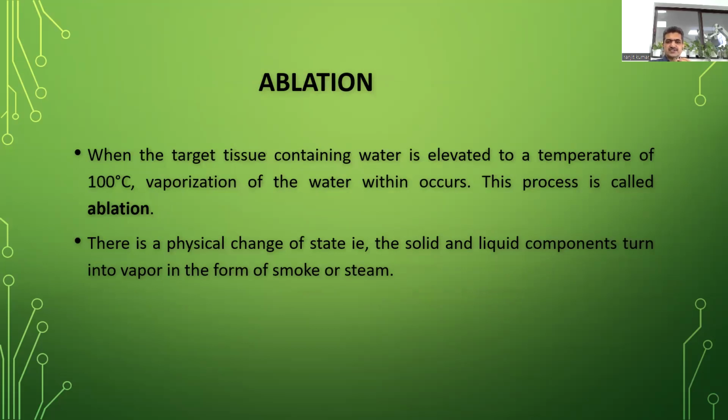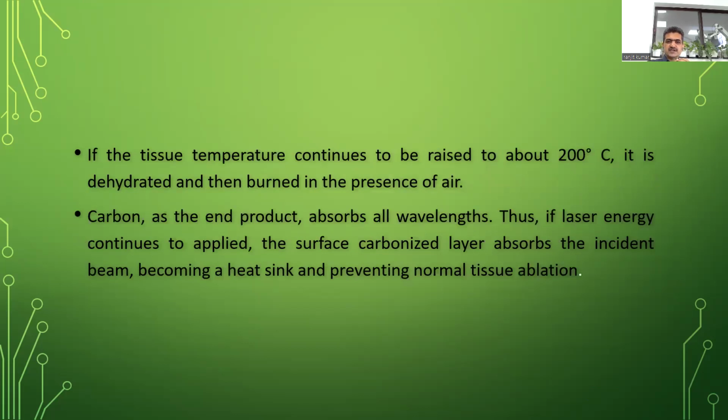This physical change of state, where the solid and liquid components turn into vapor in the form of smoke or steam. If the temperature keeps rising from 100 degrees to 200 degrees, the tissue becomes a heat sink and results in charring of the tissue.